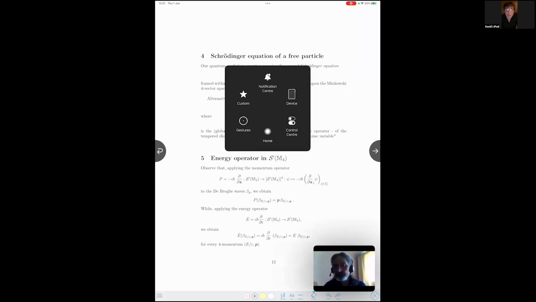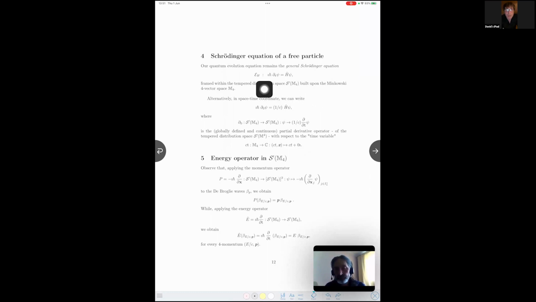So our Schrödinger equation in the space of tempered distributions is simply i h bar d over dt psi equals H hat psi. So we can finally define the general relativistic Schrödinger equation by using our new operator, the operator of the relativistic Hamiltonian. And here we have simply the derivative operator in the space of tempered distributions with respect to time, so nothing complicated.